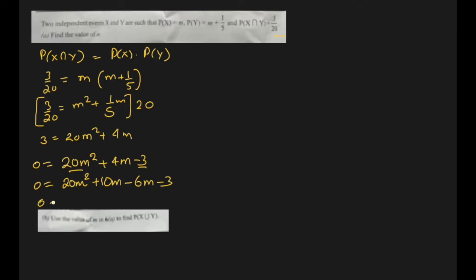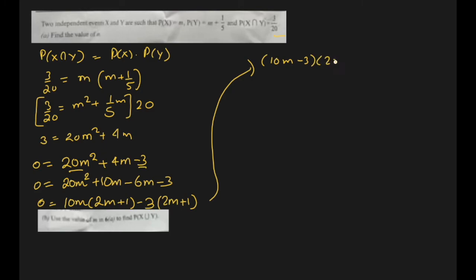So what do we get? 10m common here, so 2m plus 1, minus 3, 2m plus 1. So what do we get, two factors as 10m minus 3 and 2m plus 1 equal to 0.